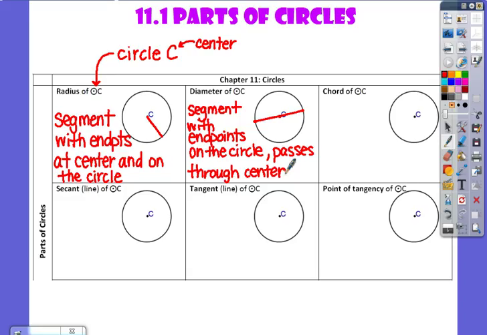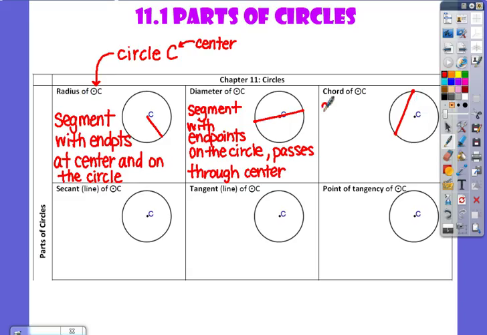You've learned those before. These next 4 maybe you have never heard of before. A chord is also a segment, and you can pretty much draw it anywhere, but a chord is just a segment that has endpoints on the circle. It doesn't have to pass through the center, but if it did, it'd be called the diameter. But this is a chord.